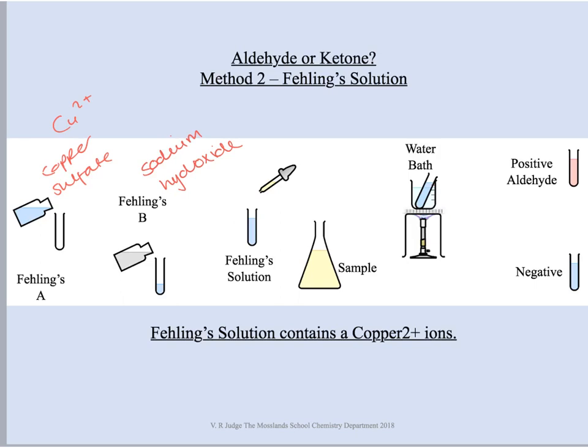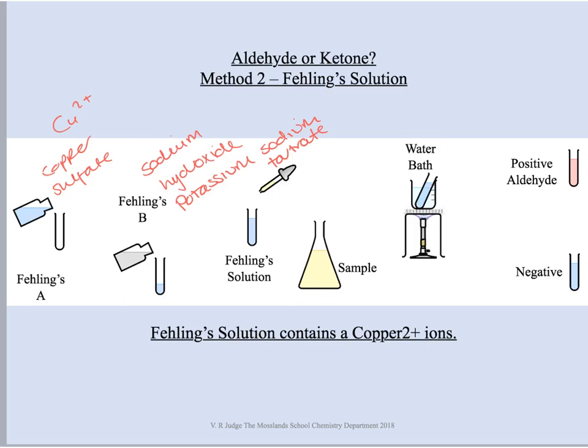So Fehling solution B also contains a substance called potassium sodium tartrate, and its job is to complex with the copper 2+ ions and keep the copper 2+ ions in solution so that it can react with your sample, and it prevents the copper 2+ from just reacting with the hydroxide straight away. So the most important part of this is that your Fehling solution contains aqueous copper 2+ ions.